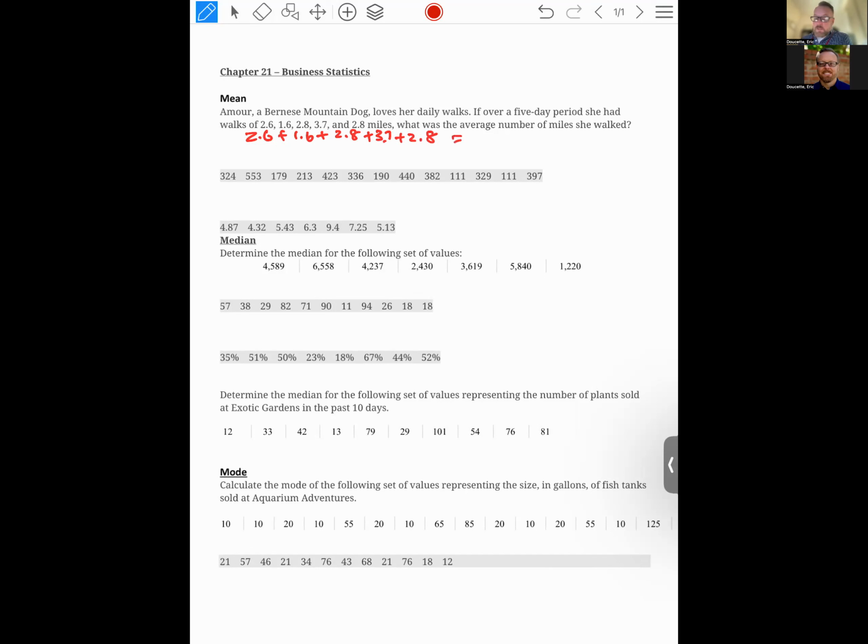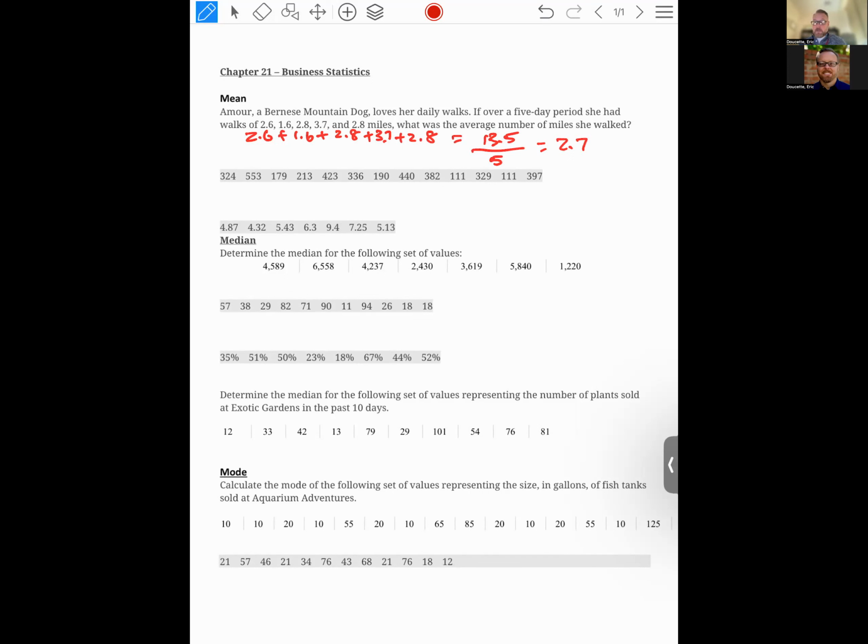So I'd add all those up, and my total comes out to 13.5 miles. But then there were 5 days, right? So I divided it by 5. I'm just getting the average, and that tells me that she walked on average 2.7 miles per day. And that is the mean. The mean is the middle or average number of the set.